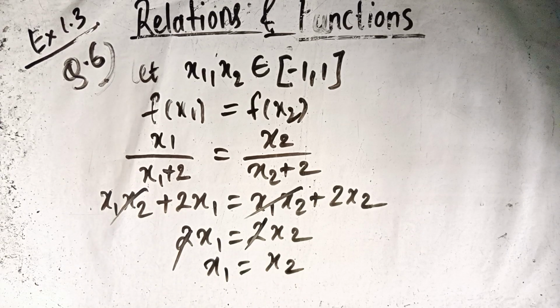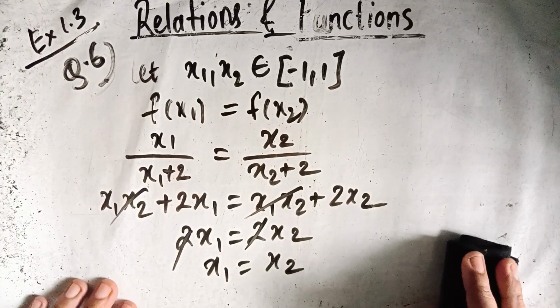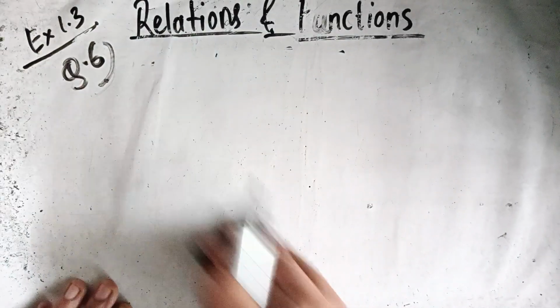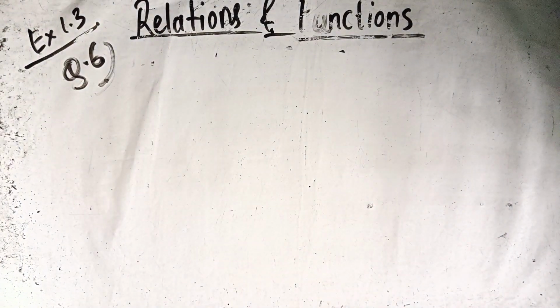Now we have to prove whether it is onto or not. They have given that f is from -1 to 1 to range of f.